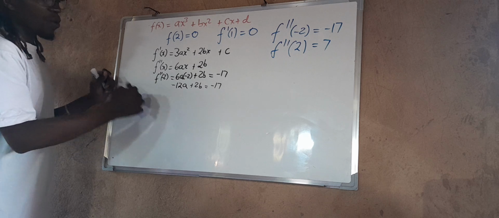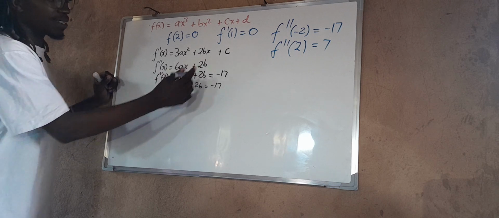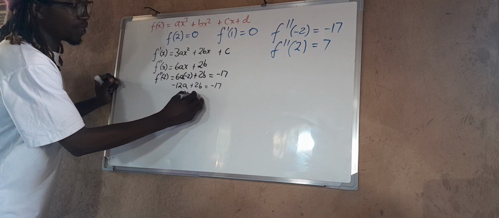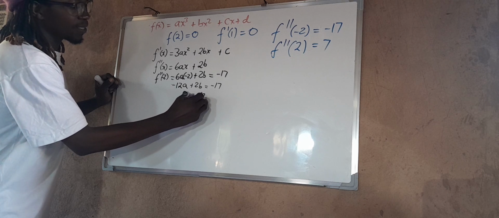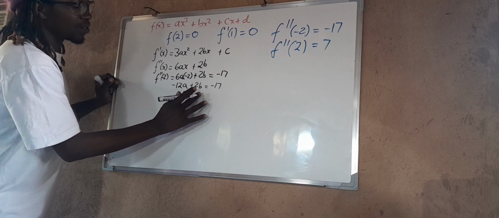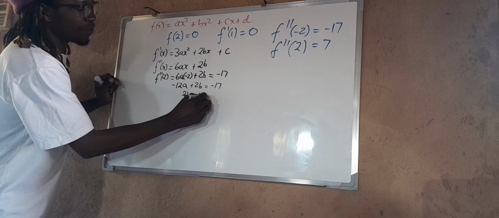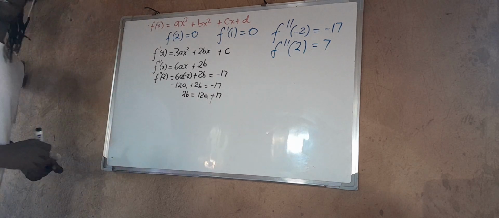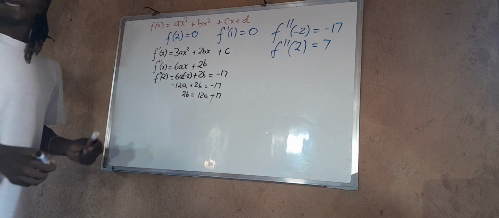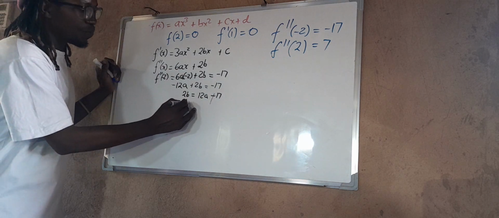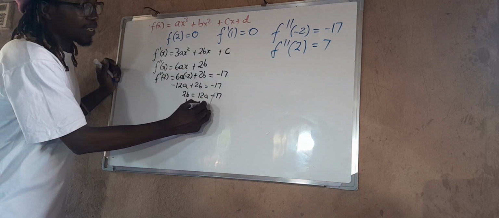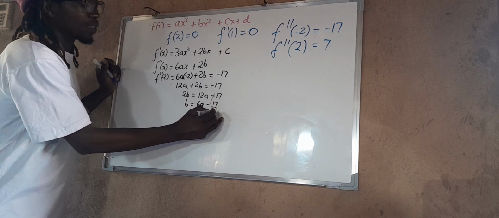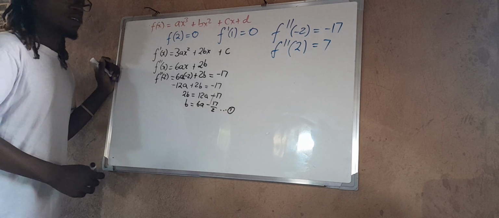So our 2b becomes 12a minus 17, and you can divide throughout by 2. So our b becomes 6a minus 17 over 2, and we can call this our equation 1.